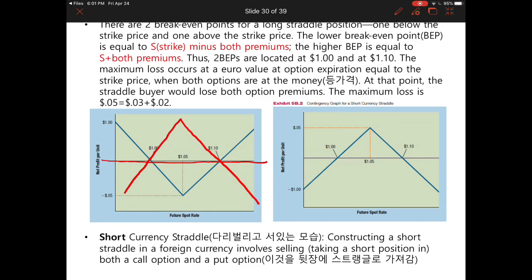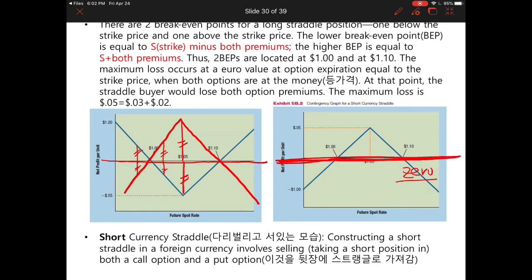To him, every 5 cents you are losing, the writer will earn the exact same amount. The same thing for every other place. Summing up both sides' payoffs, the final one will become flat from the social planner's point of view. So that's why I say the game between the writer and purchaser of a call option becomes 0. That's what I'm saying.